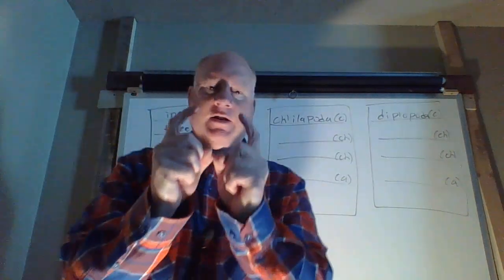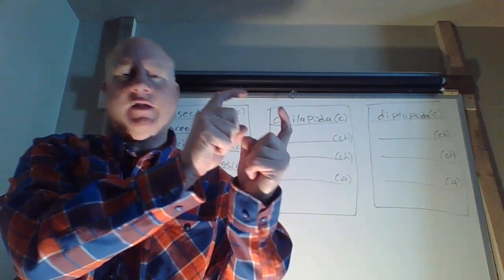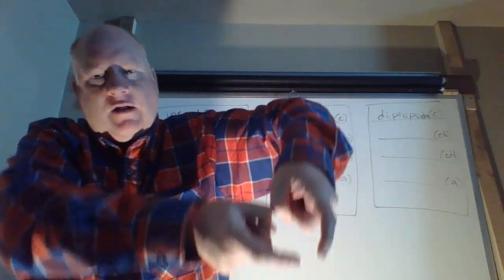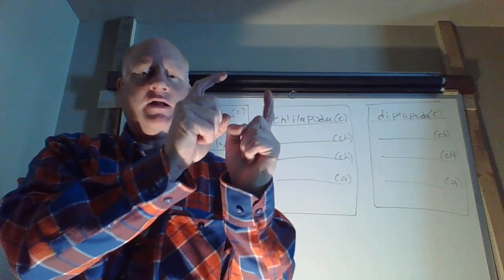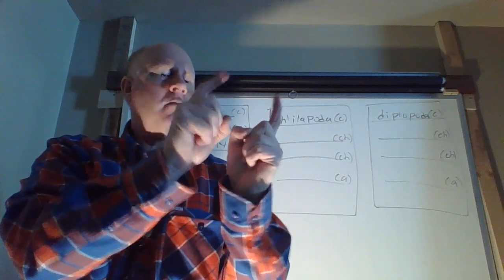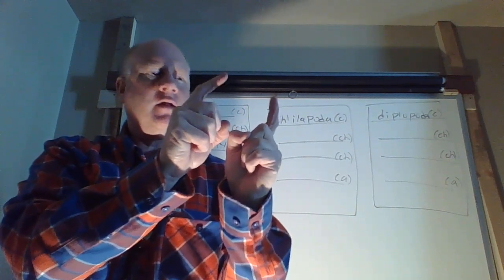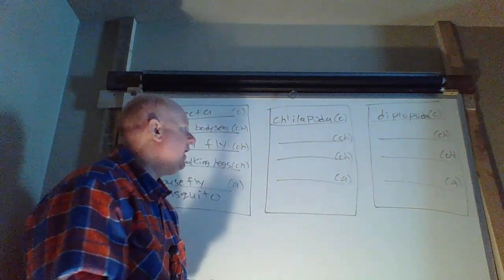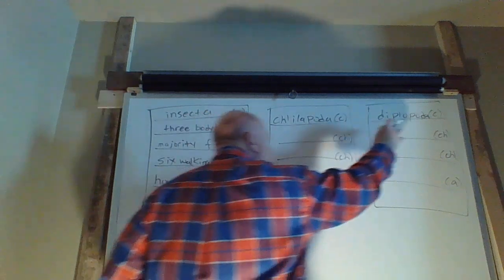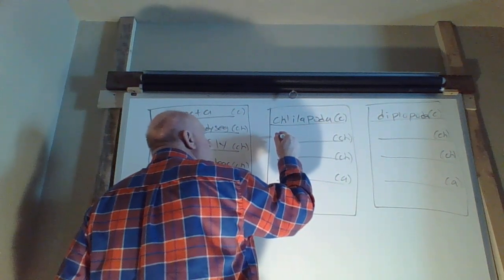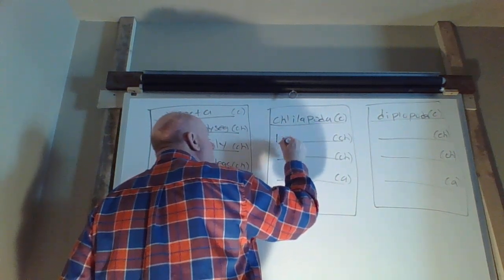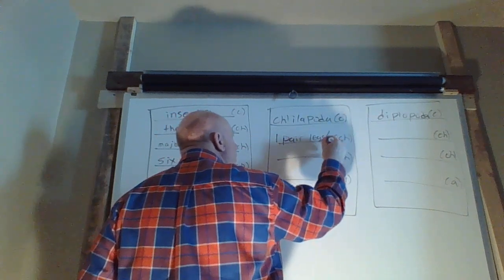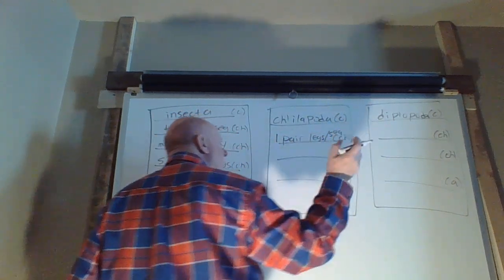I'm going to put them upside down like this, because I'm just not that flexible to where I can turn it around. But if it's upside down, they've got 1 pair of legs per body segment, okay? So then they just walk along like this, and it's going to be their diet that separates these 2. So I'm just going to put 1 pair legs per segment. That's what that means, okay?